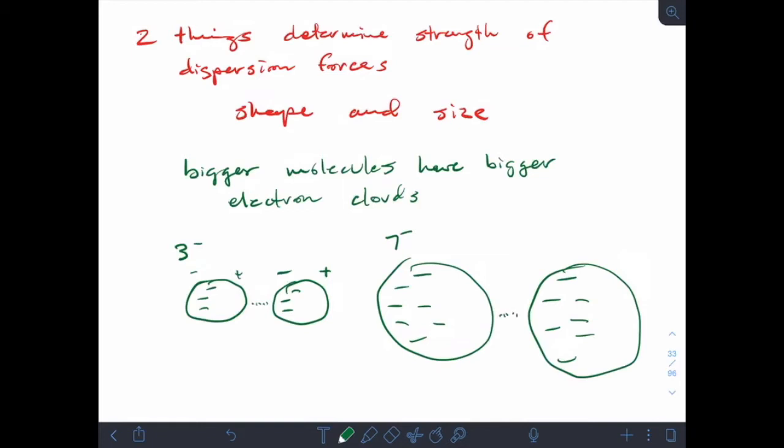We have a much stronger interaction with the larger molecule. Okay, so just based on where things are on the periodic table and how much they weigh, we can determine what relative strength of dispersion forces.